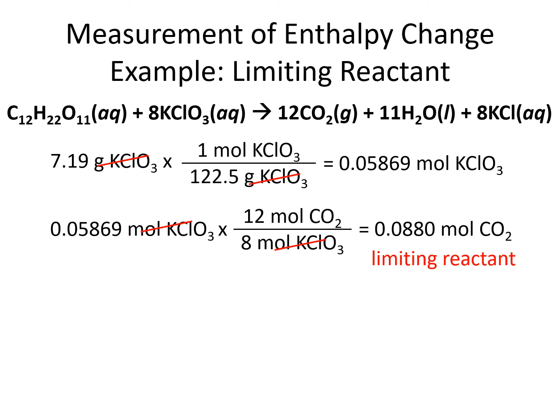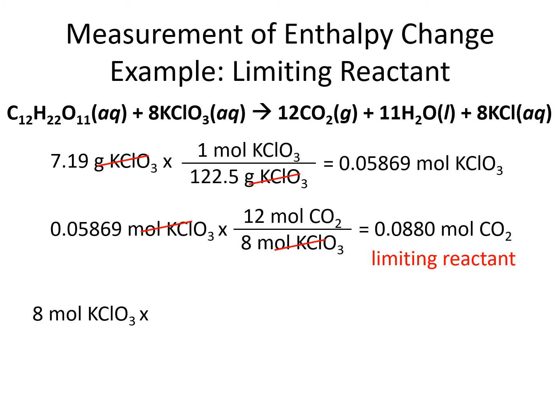When we compare that value to the value based on our other starting material, the sucrose, this value is the smaller of the two values. The 0.0880 is the smaller of the two values, which means the potassium chlorate is the limiting reactant. So we're going to do our relationship based on the potassium chlorate.